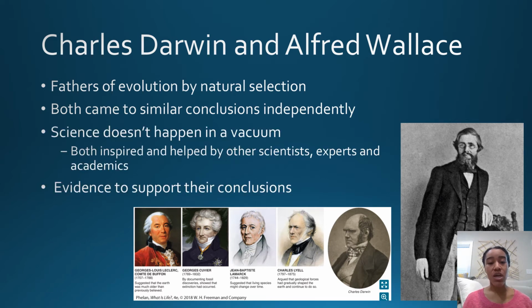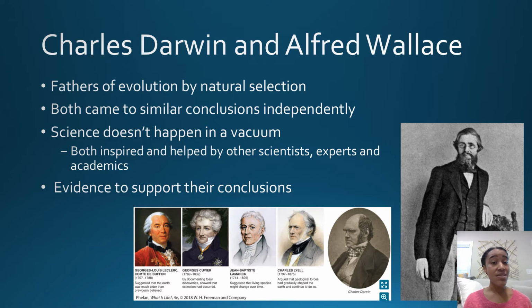Both of them are good examples of the fact that science does not happen in a vacuum. This is a term I heard a lot during my undergrad, and it's very, very true. Science rarely, if ever, happens where one person is able to execute everything on their own from start to finish. Both Charles Darwin and Alfred Wallace consulted with other scientists, experts, and academics, shared their ideas, and got input from other people to help formulate their concept of natural selection.